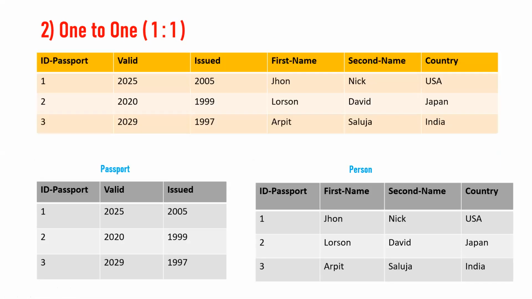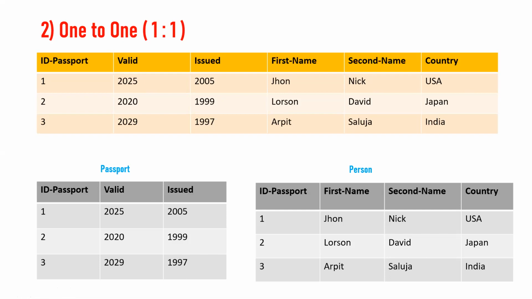Next, let's look at one to one. You can find two tables, the passport table and the person table, which are taken from one big table. The passport table has ID passport, valid till when, and issued date. The person table has ID passport, first name, second name, and the country the person belongs to.